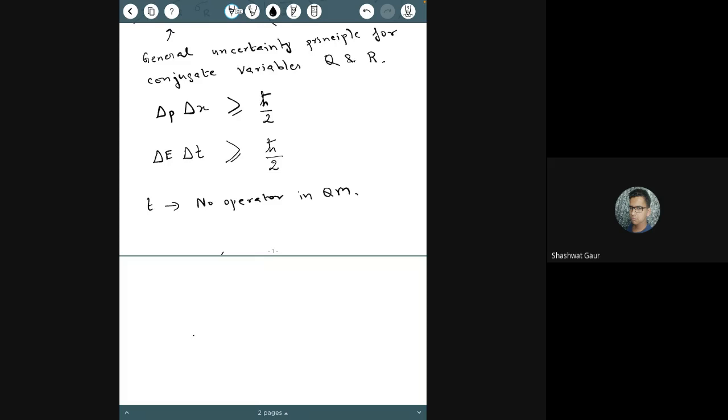Even a stationary state evolves in time. So I'm just talking about time in quantum mechanics now in general: time evolution of a quantum state.